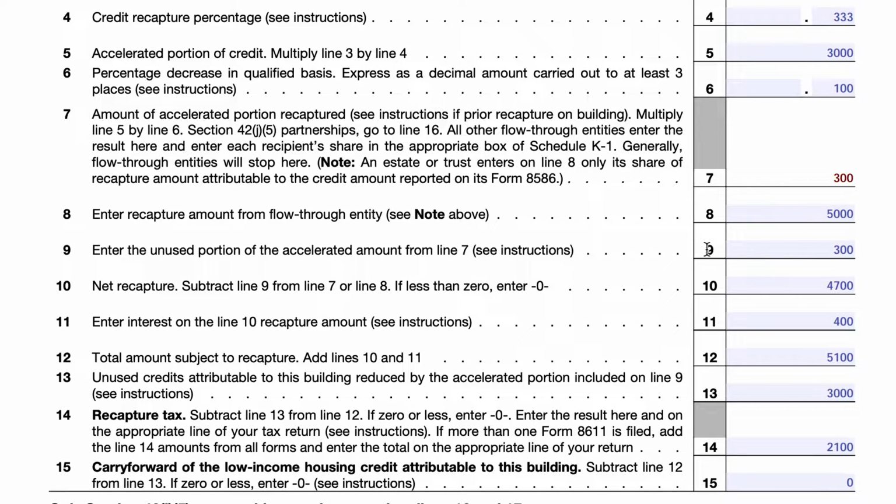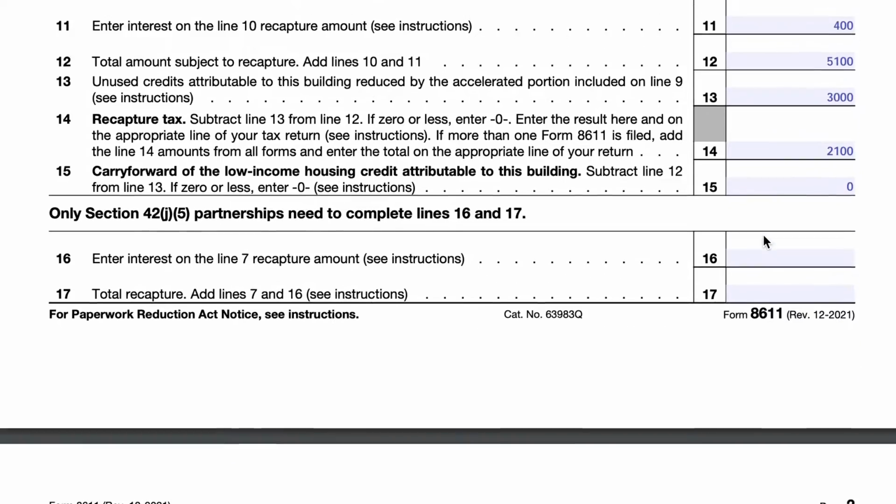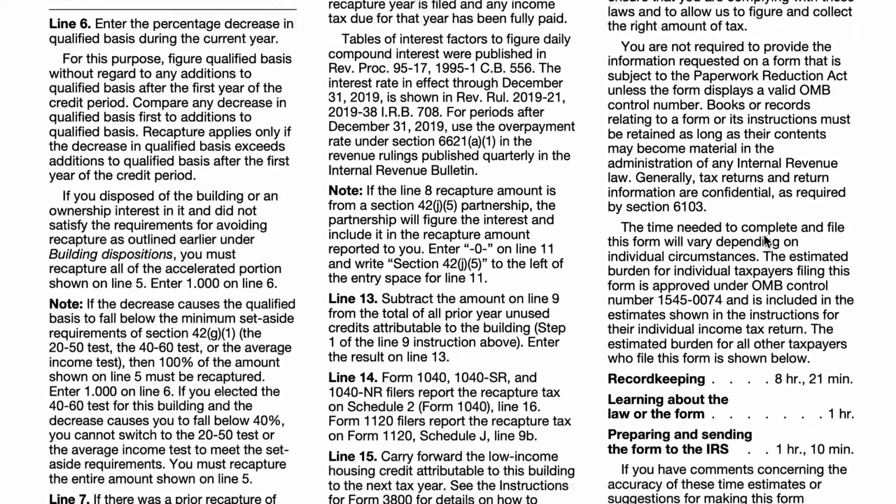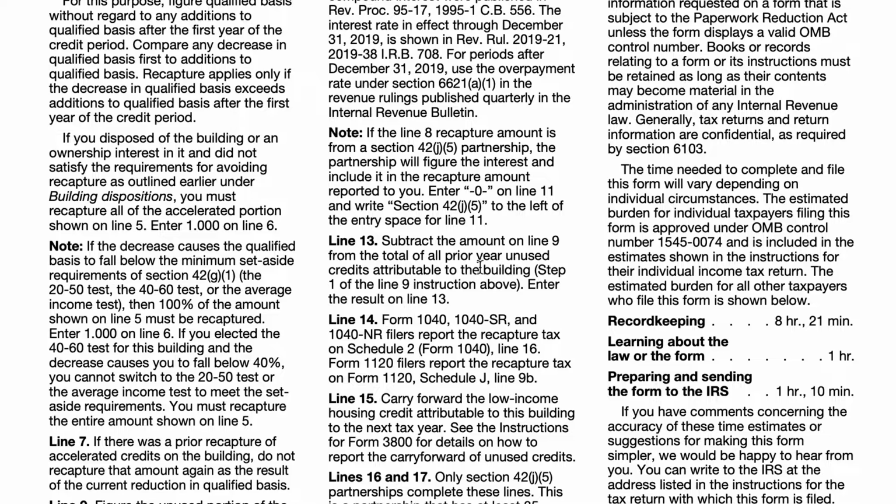In line 9, we're going to enter the unused amount of this accelerated amount from line 7. In this case, I entered 100% of that, but there are instructions for line 9 on how you can determine what the unused amount is. And so there are certain calculations.